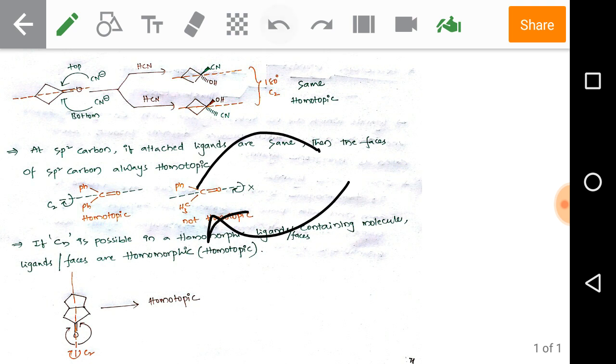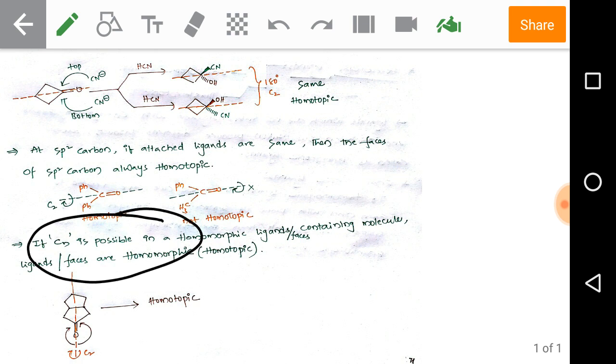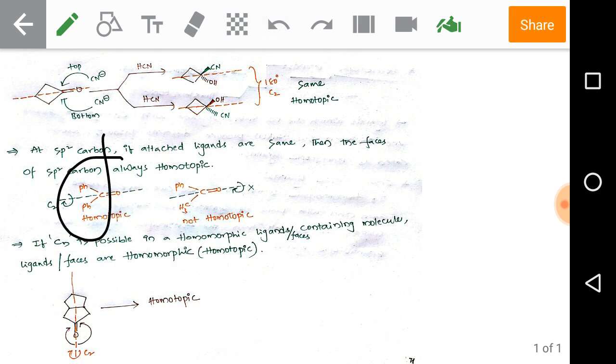And if a proper axis of symmetry is possible in a molecule containing homomorphic ligands or phases, then the ligands or phases are simply homotopic. So just check whether a proper axis of symmetry is possible on the homomorphic ligands, or check for similar groups on the sp2 carbon, or on the sp3 carbon for ligands or atoms.